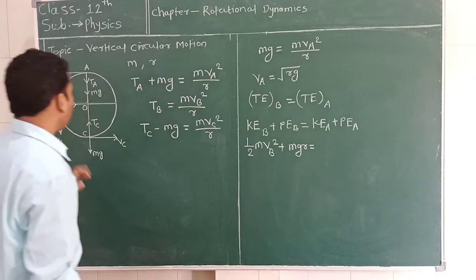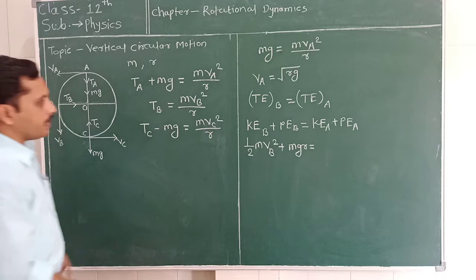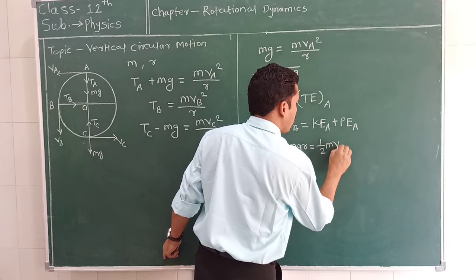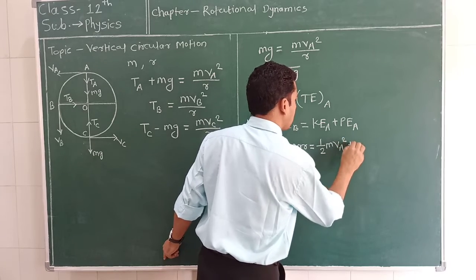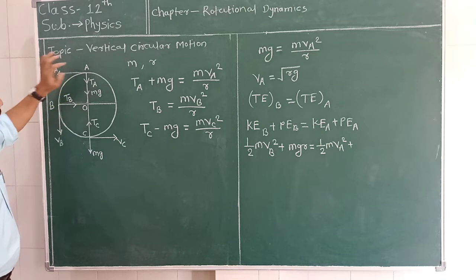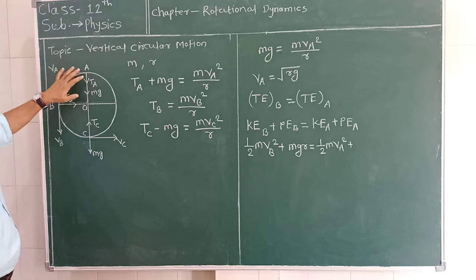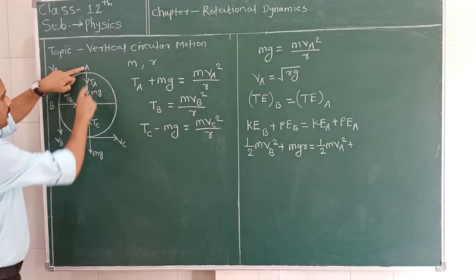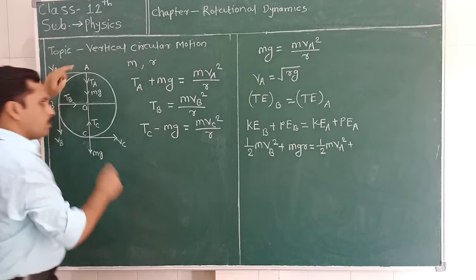Now, kinetic energy at point A. What is the kinetic energy at point A? It is equal to 1 half m va square plus potential energy at point A. The potential energy at point A can be calculated by considering that point A is at a distance r plus r, twice r, from the lowermost position.